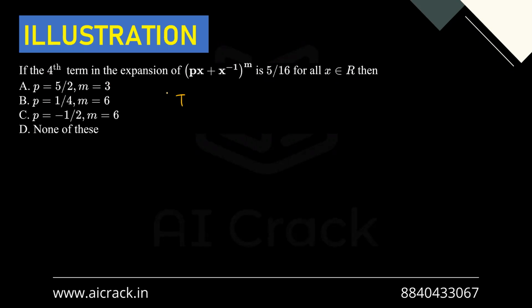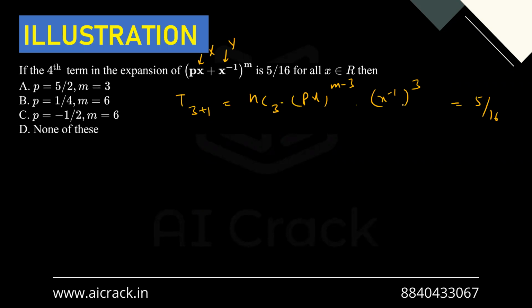T4, the fourth term, would be T(3+1), so the r value would be 3 here. That means nCr · (px), with px as capital X and x^(-1) as capital Y, so capital X raised to power n - r, that is m - 3, and x^(-1) raised to power r, that is 3. And the fourth term is 5/16.